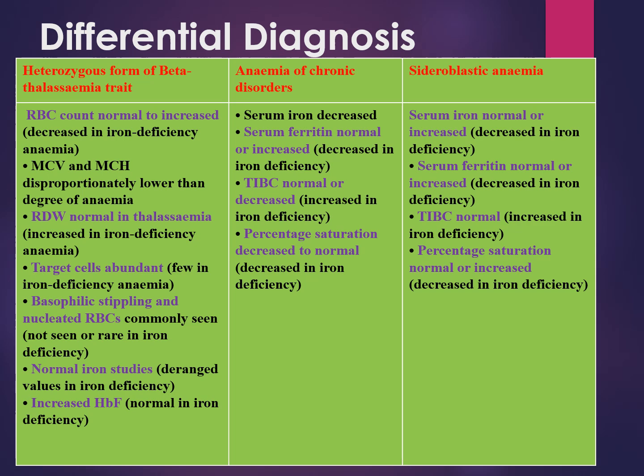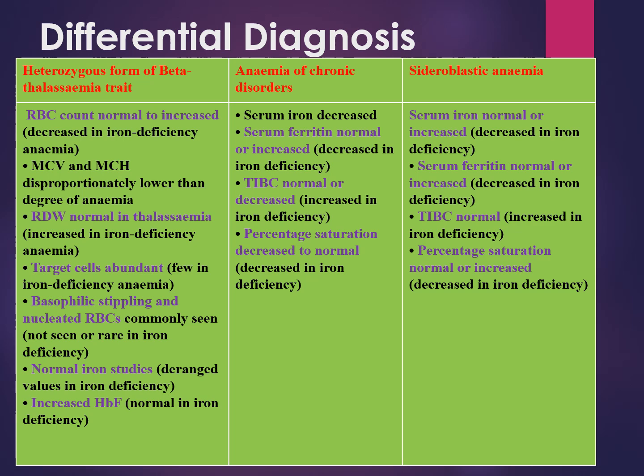Sideroblastic anemia, serum iron is normal or increased, which is reduced in iron deficiency anemia. Serum ferritin is normal or increased, which is decreased in iron deficiency anemia. TIBC is normal, which is increased in iron deficiency anemia. Percentage saturation is normal or increased, which is decreased in iron deficiency anemia.